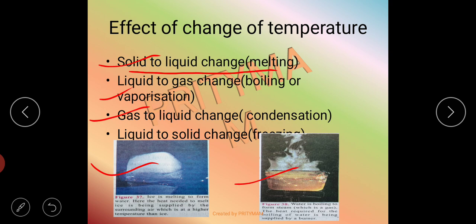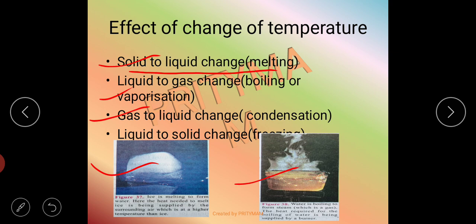I repeat, the process of changing a gas or vapor to a liquid form by cooling is called condensation. So when steam, means water vapor, changes into water on cooling, it is called condensation of steam or condensation of water vapor. A change of state from gas to liquid takes place during condensation.